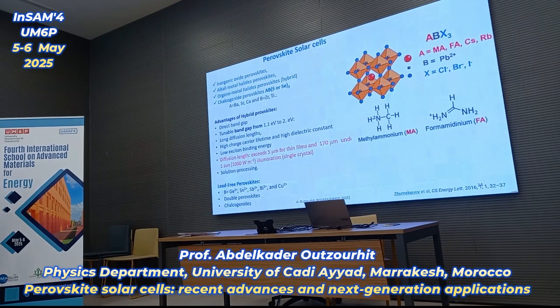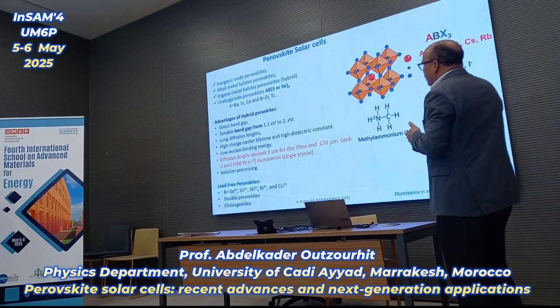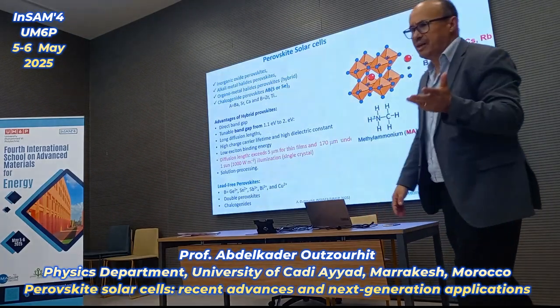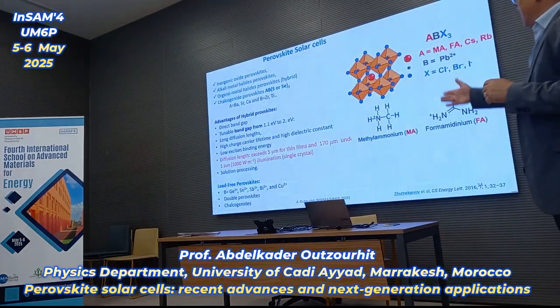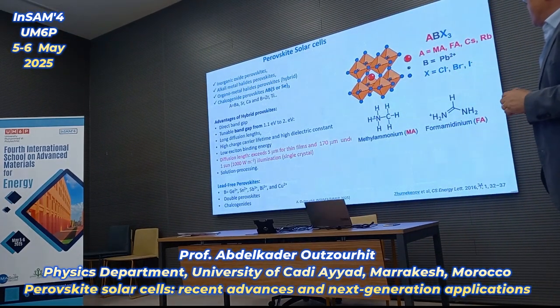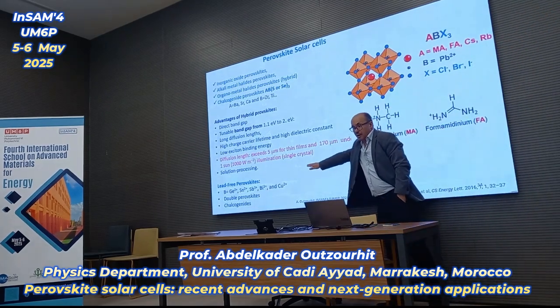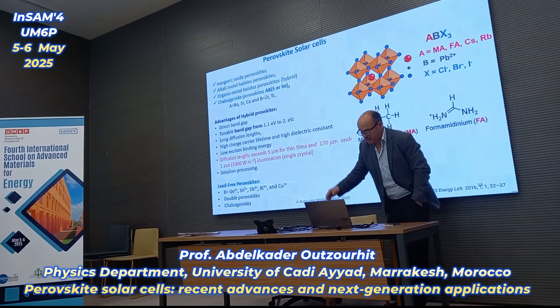They also have a very high charge carrier lifetime and high dielectric constant. Low exciton binding energy, exactly like silicon, about 10 to 15 millielectron volts. And the diffusion length can exceed 5 microns. And they are also easily produced by solution processing.